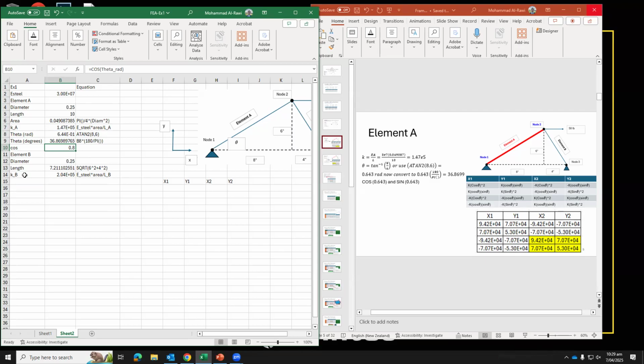But I will have a problem because the other beam also has a different angle. So I need to be careful to name that cell something that doesn't interfere. So theta radians, and I call this one A. Now see, when I updated that, it didn't change anything here because it didn't pick that up. I didn't click enter. So you bring it here and update it for element A. Now theta radians A, enter.